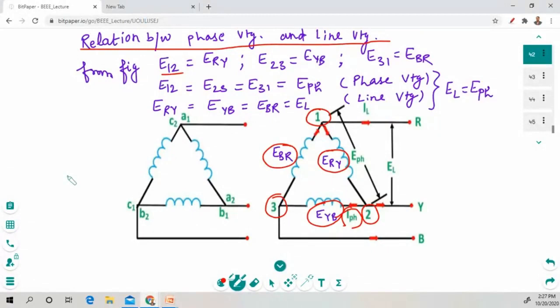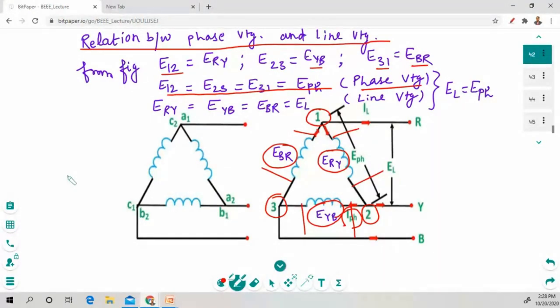The voltage from second to third terminal is EYB. Okay. The voltage from third to first terminal is EBR. Okay. So these all voltages across the phase 1, 2 and 3 are equal.